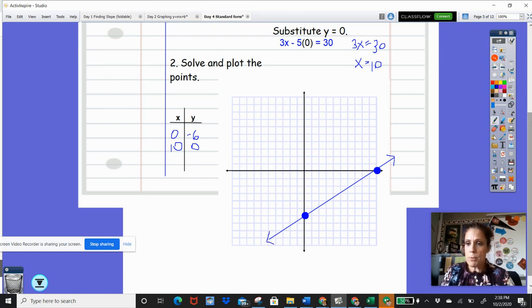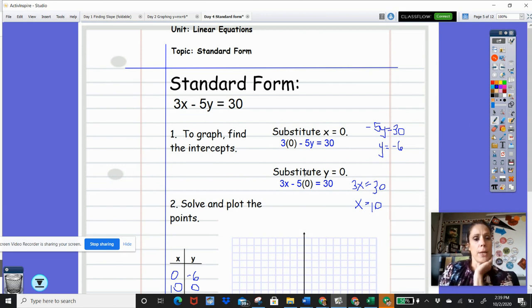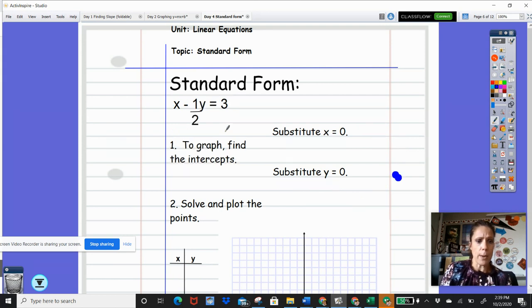Okay, there's one more example because sometimes these are always supposed to be integers, and this first one is always supposed to be, excuse me, positive. But sometimes the equations aren't written that way, and you have to convert them into the correct standard form.